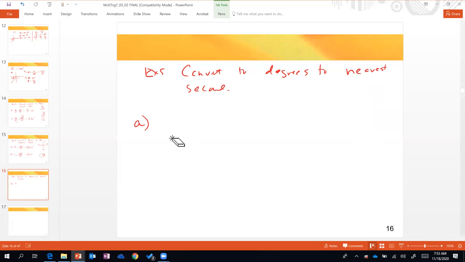All yours if you think you got it. I think we know how to put it into degrees and radians. So first thing is to convert it here, 180 degrees divided by pi.